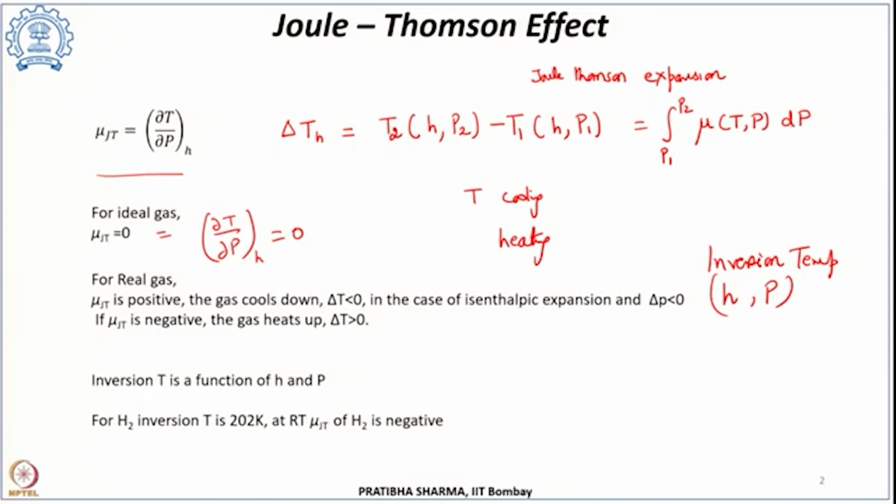If we consider a thermodynamic state where the Joule-Thomson coefficient is positive, that means if there is a pressure decrease on expansion, the temperature also decreases. So, on expansion a cooling effect is observed, or the gas cools down in an isoenthalpic expansion process.